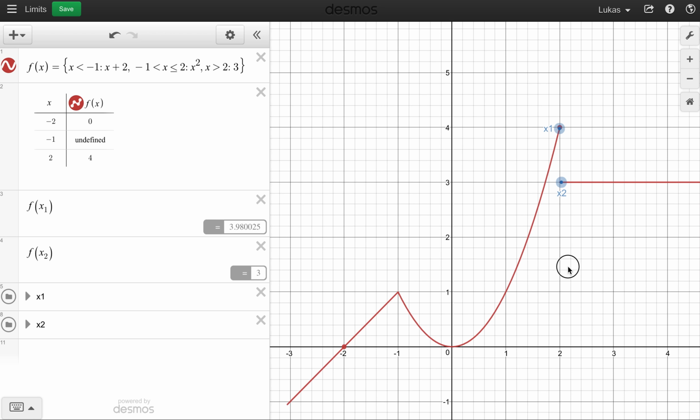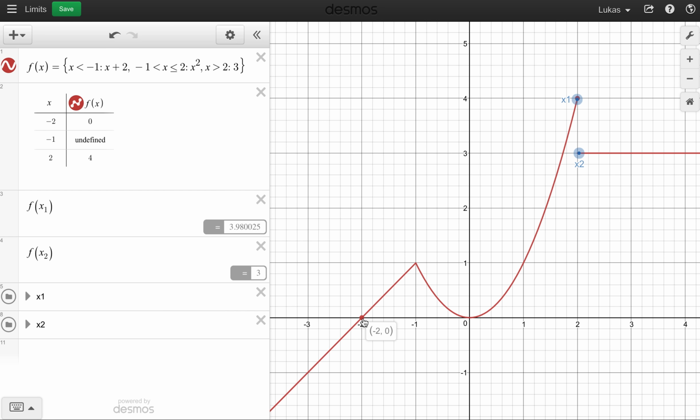So just to recap really quickly, down here, this point, -2, the function exists at -2 and the value is 0. The limit of the function as we approach from the negative side and the positive side is also equal to 0. At the point -1, the function doesn't exist at -1 because we haven't defined it at -1, but the limit as we approach from the negative side and from the positive side, the limit exists at 1.